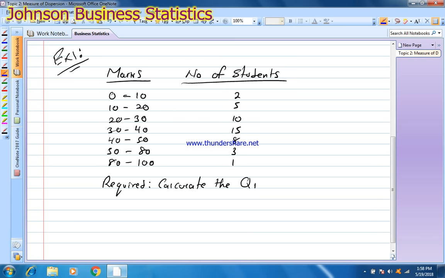So what we're going to do is, first step, still the same, we work out the m, the cumulative frequency. You start from 2, then you add up. How much do you get? 7, then you get 17, 32, 40, 43, 44.